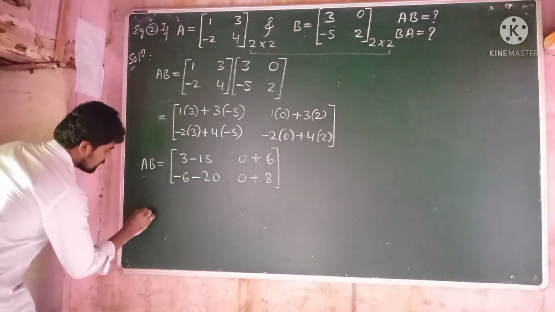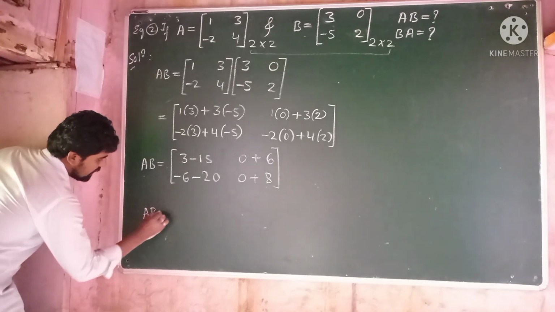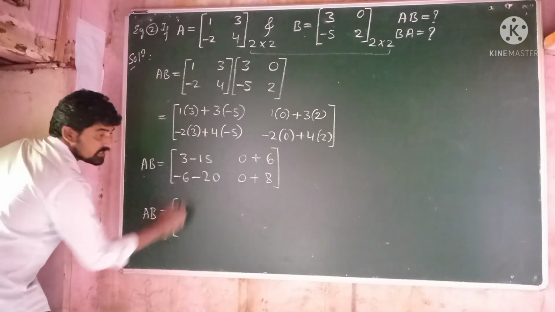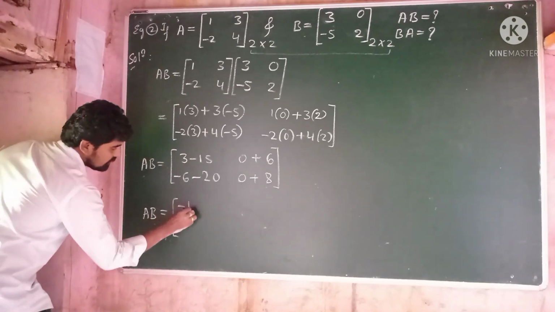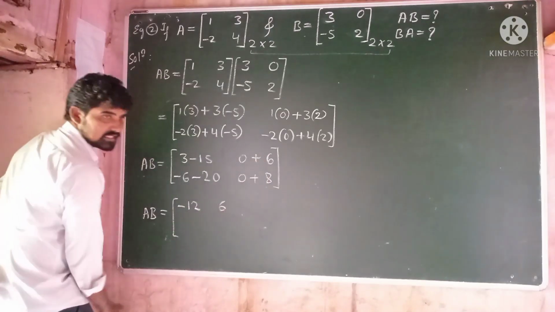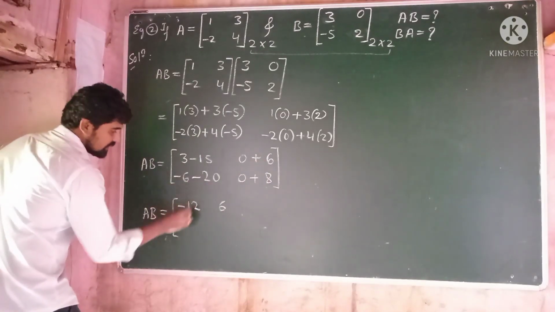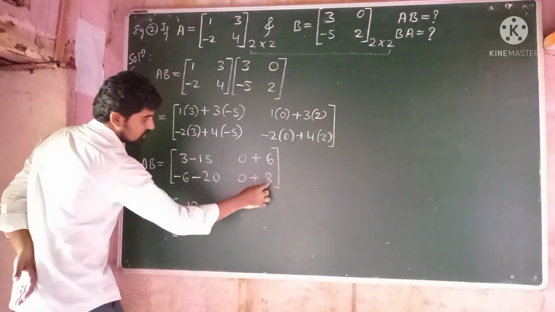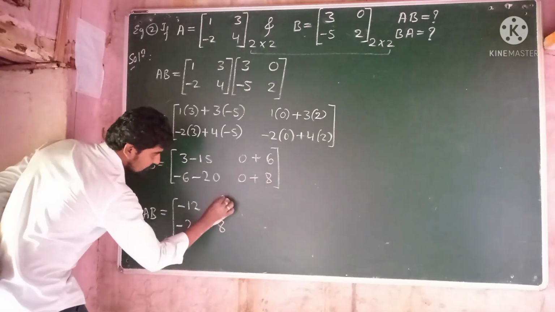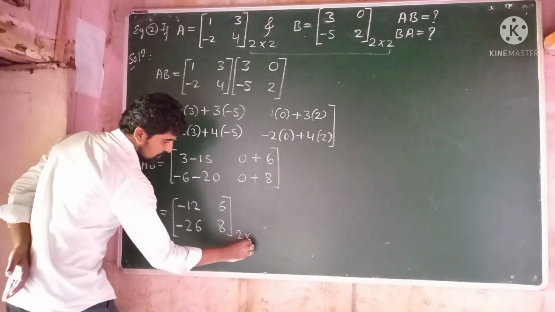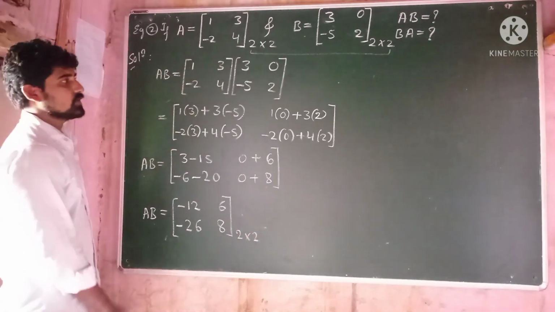Therefore the required AB matrix is equal to 3, minus 15, minus 12, 0 plus 6, 6, minus 6 minus 20, minus 26, 0 plus 8, 8. And you may observe here, the order of this resultant AB matrix is also 2 cross 2.